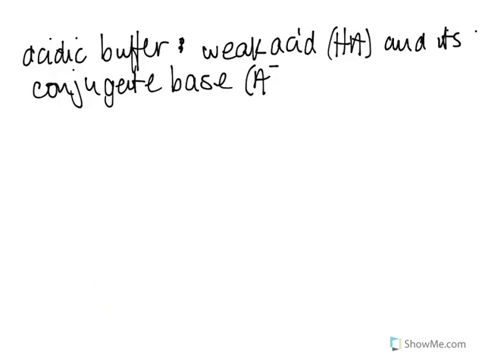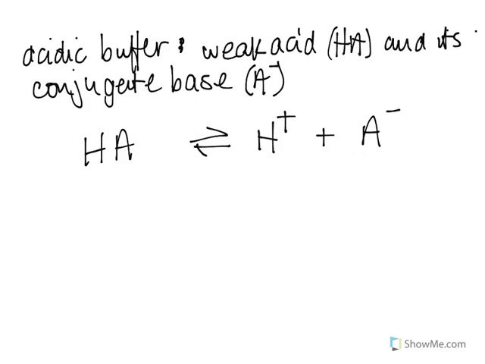So effectively what makes it a buffer is that we have the weak acid present with its conjugate base in a solution. So we have this equilibrium, which we would normally have with a weak acid anyway, but this time, by adding the extra salt, we've made this concentration large as well.